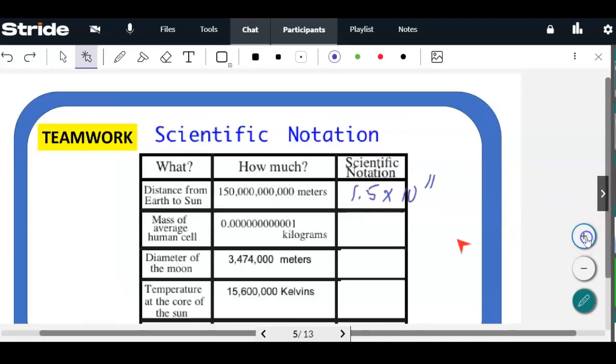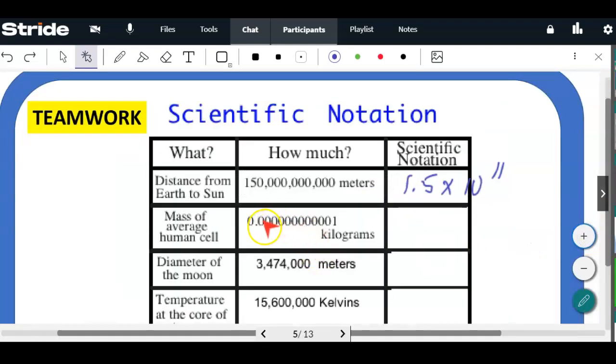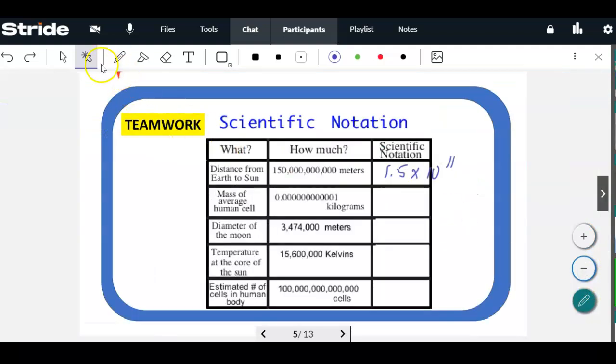You can always zoom in. Maybe I'll do that. Make sure we got this right. 1, 2, 3, 4, 5, 6, 7, 8, 9, 10, 11, 12. Small number, negative exponent. So it's just going to be 1 times 10 to the negative 12.